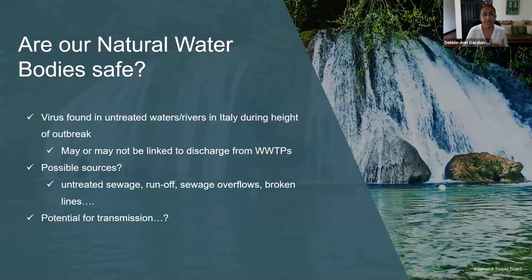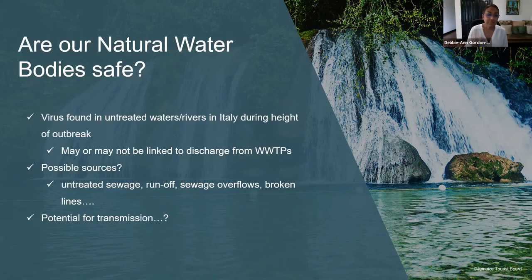So then I'm sure your next question is, are our natural water bodies safe? Again, studies have been conducted on our natural water bodies for various coronaviruses. I'm not sure about other areas, but there is one study in particular in Italy that found viral loads for SARS-CoV-2 during the height of the outbreak in Italy in some untreated waters and rivers.